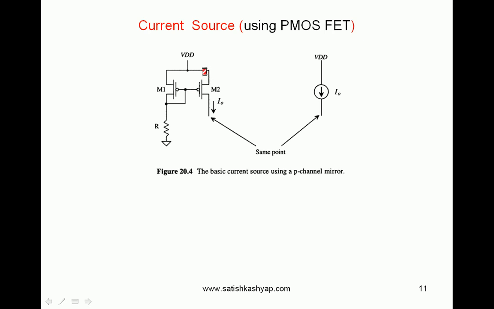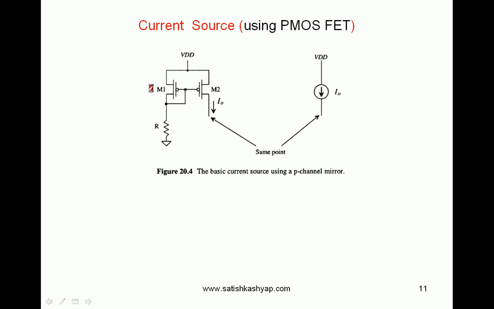So this is VSG2, this is VSG1. We are applying the same voltage for M1 and M2. So if we assume M1 and M2 are identical transistors whose source to gate voltages are exactly the same, they will give the same currents.